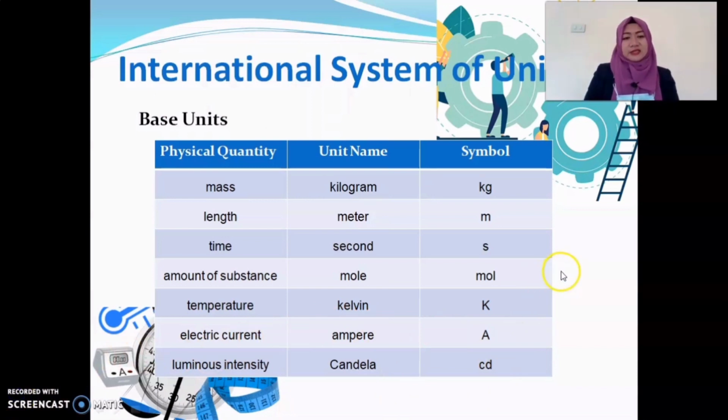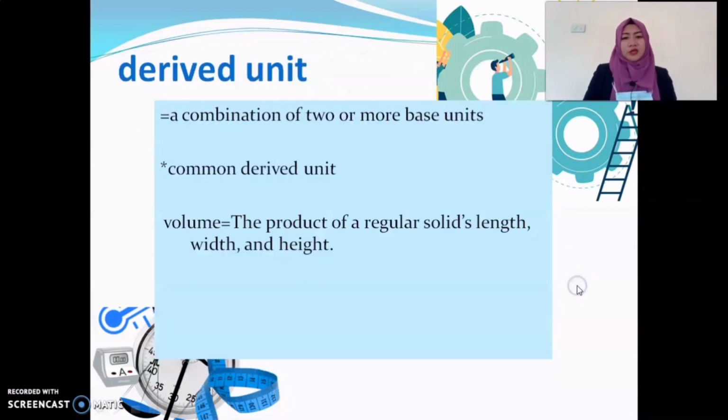In addition to the 7 base units are other SI units that can be made from combinations of 2 or more base units, which is what we call derived units. A common derived unit example is the unit for volume.